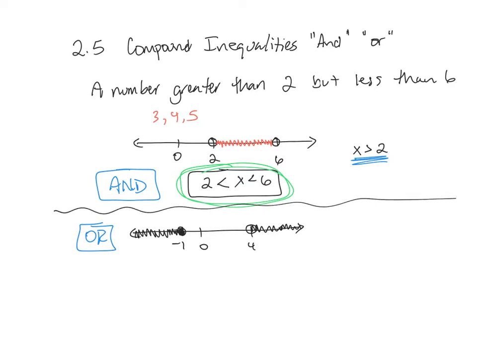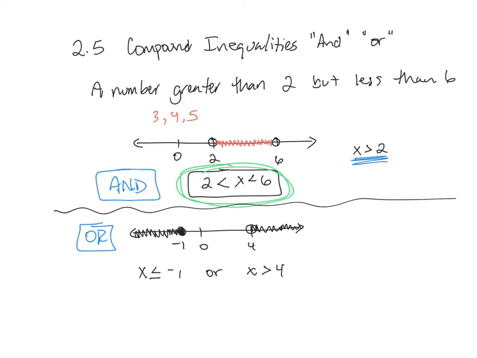And so the or answers are actually really easy because you don't combine them together. You just write x is less than, and since the circle is colored in, we do and equal, -1, and you just write the word or, and then x is greater than 4. So there's no way to make this an and problem.